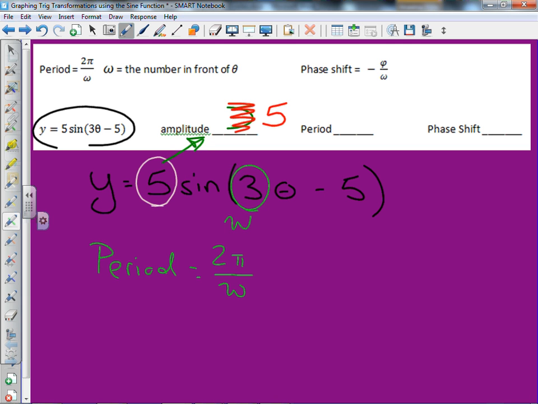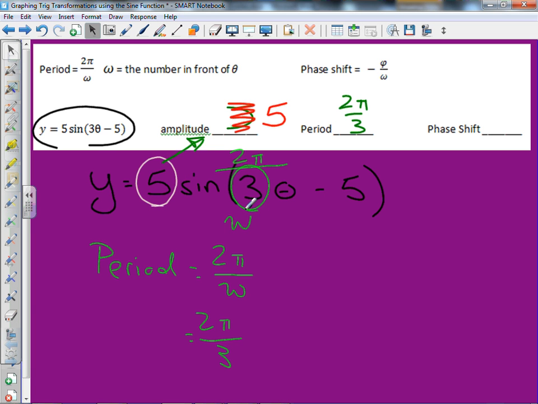So all we have to do is draw a line above it and write 2 pi, because isn't that 2 pi over omega? Well, 2 pi over 3, we can't simplify that at all, so we just leave it as 2 pi divided by 3.